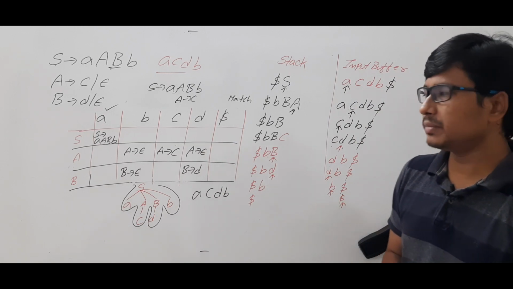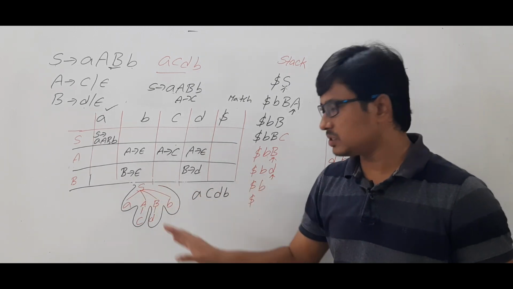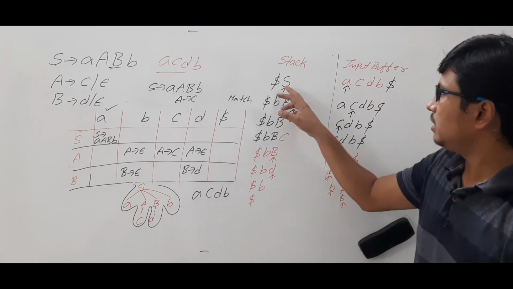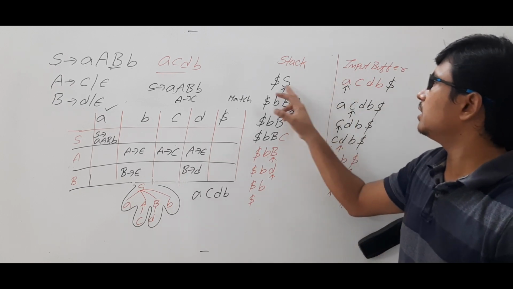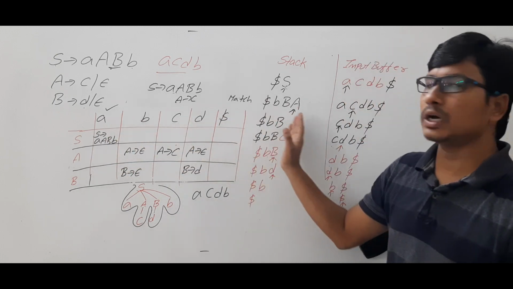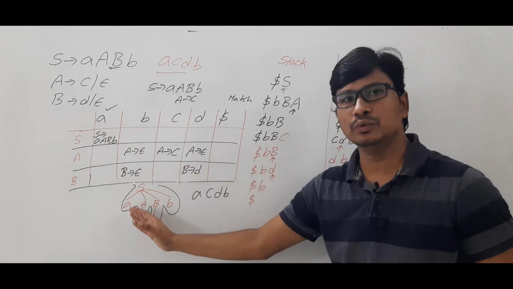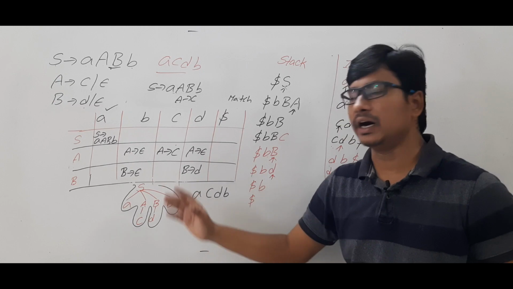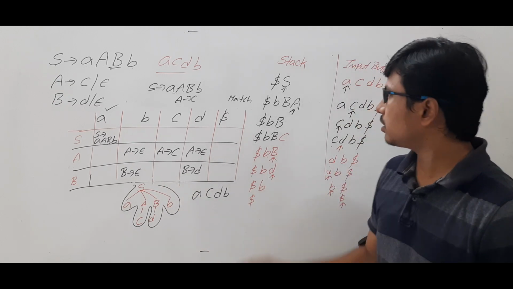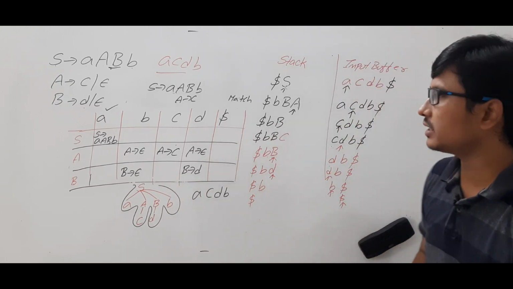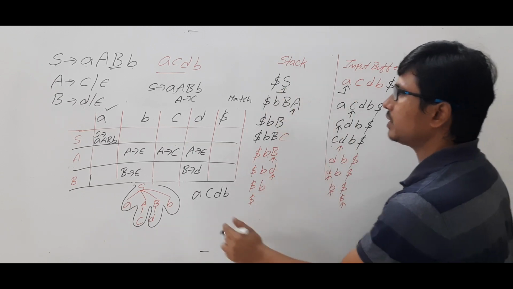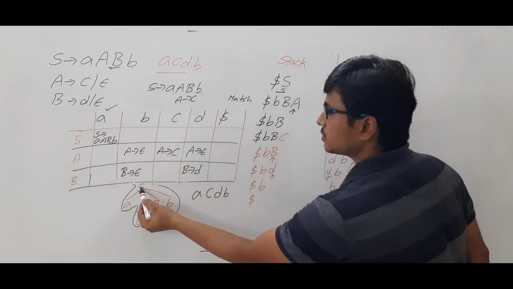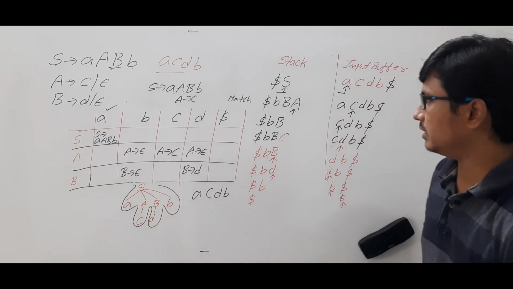How you can remember, or how this procedure actually happens, is that when you are looking at a non-terminal and a terminal, the production you are pushing, that production you will write in the parsing tree. Am I right or wrong? The places where we have looked are here and here. This is the place we looked at, and the production we used from S, that production I have written here.